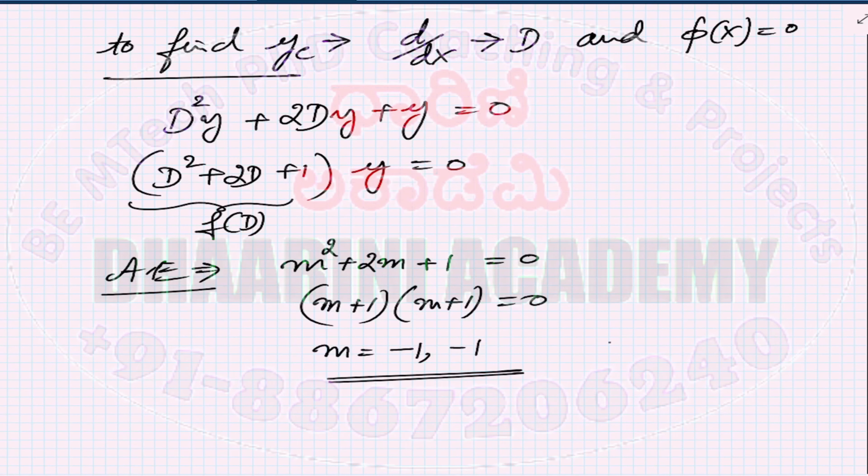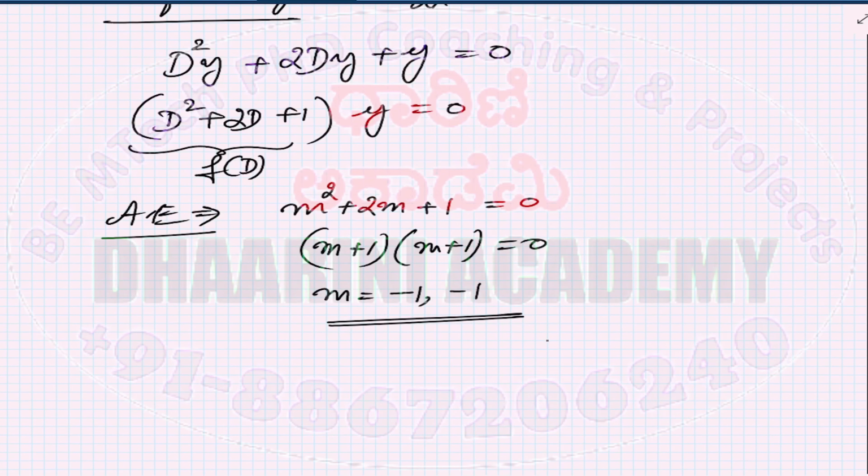These are the two roots. I refer back to the table, and I understand that it's a real and repeated root. So when you have real and repeated, the case number 2, yc should be guessed as a constant c0 plus c1x, two terms because there are two repeated roots, into e to the power minus x.